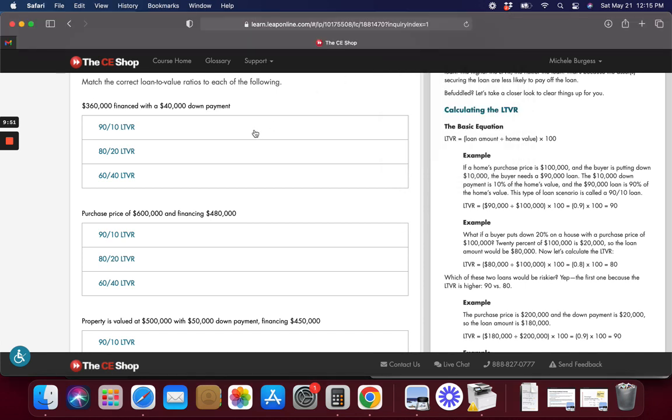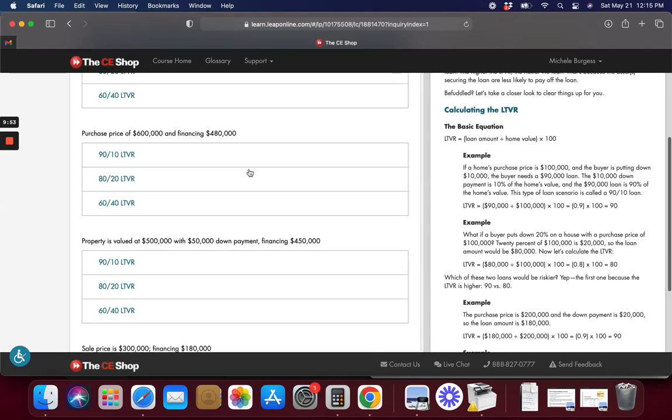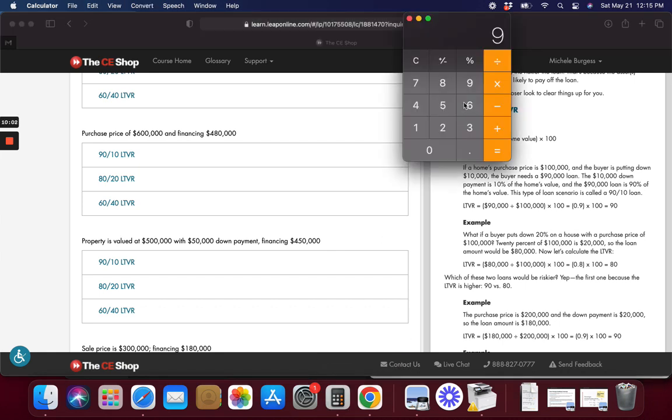I'm thinking 90-10 here. Purchase price $600, financing $480. 600,000 divided by 480. 1.25 times 100.